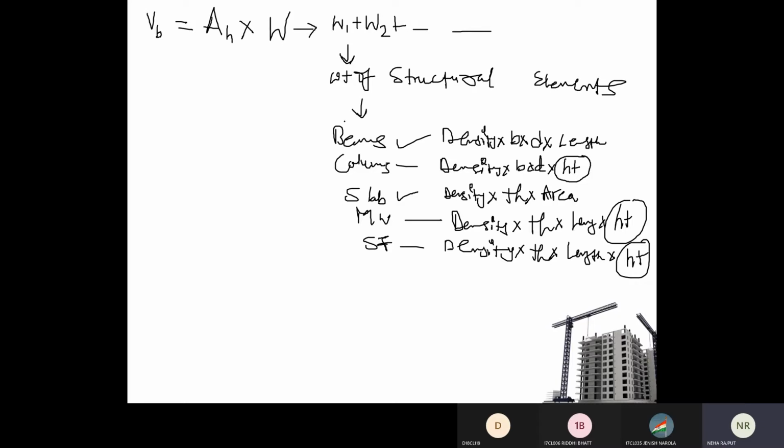Right. So this is all about weight of structural elements to get the seismic weight of each and every floor, and from the seismic weight of each and every floor you can find the total weight of the building.